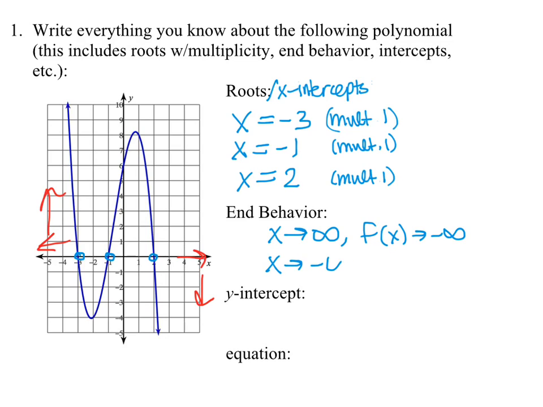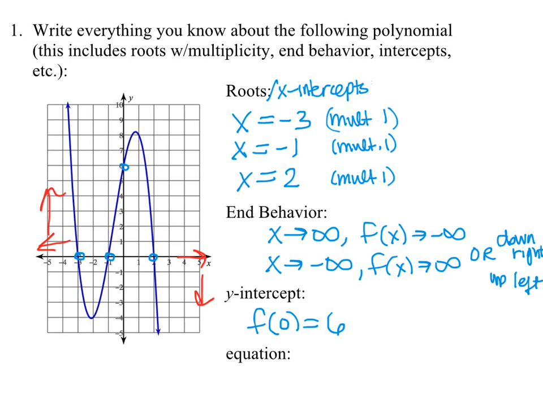And as x approaches negative infinity, f of x approaches positive infinity, or goes up. Another way I could write that is down to the right and up to the left. The y-intercept we see from the graph is 6.